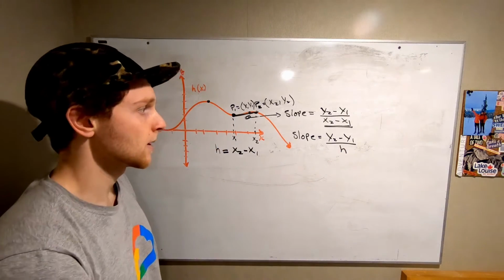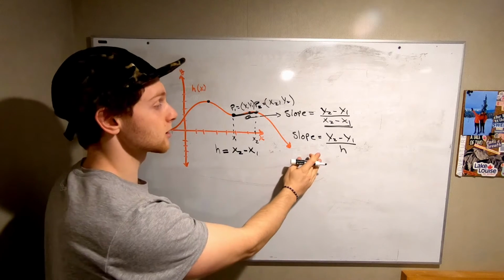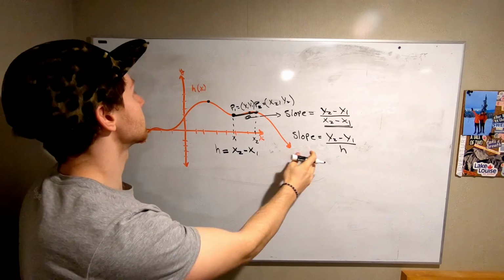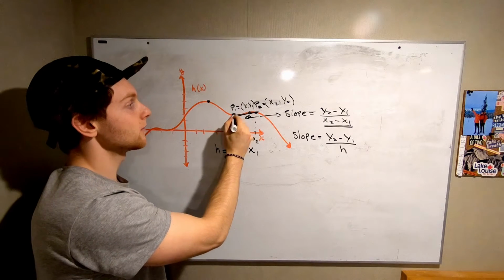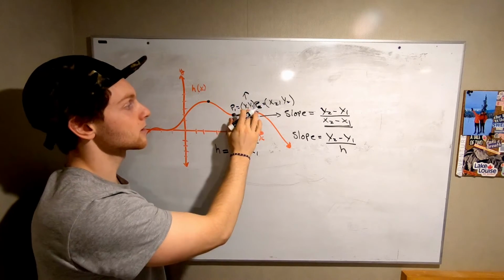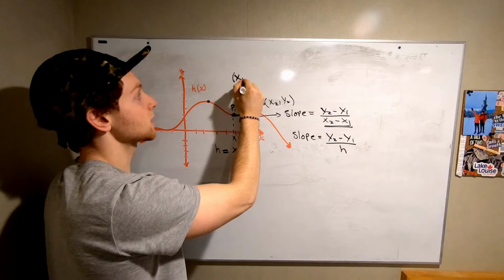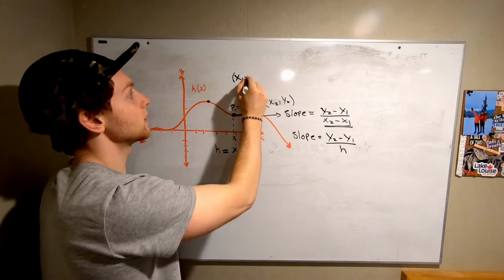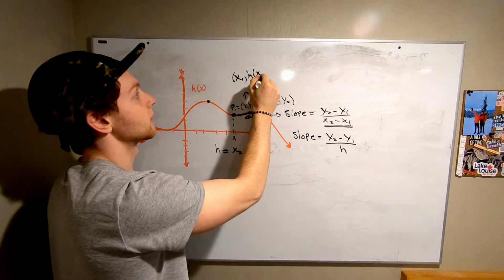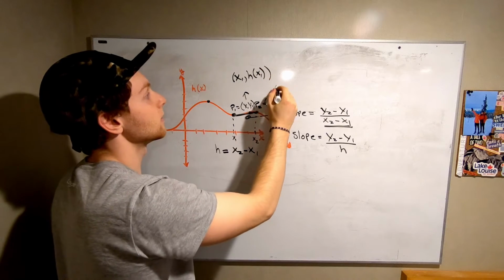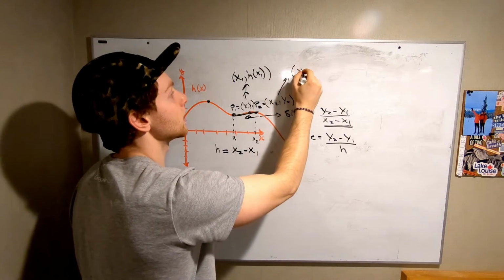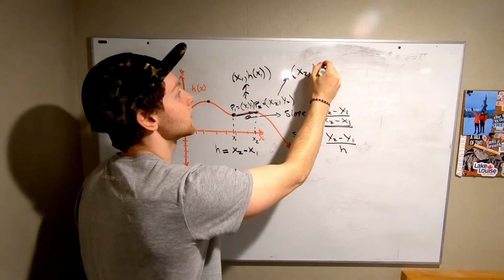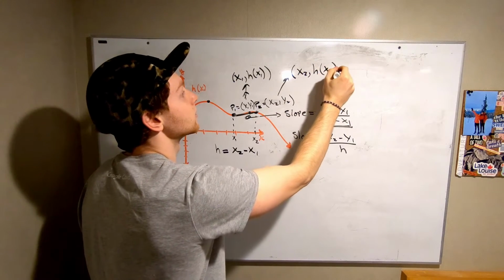And so what we can do here with this slope equation is, we know this function, the y value, we can rewrite our points, right? If we have x1, our y value is just h of x1. And for point 2, we would have point x2 and h of x2, right?